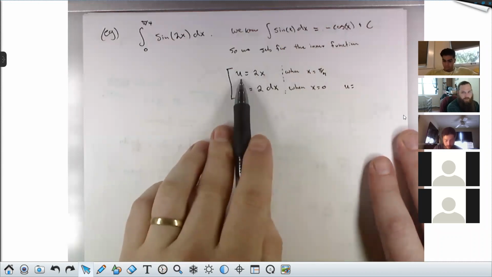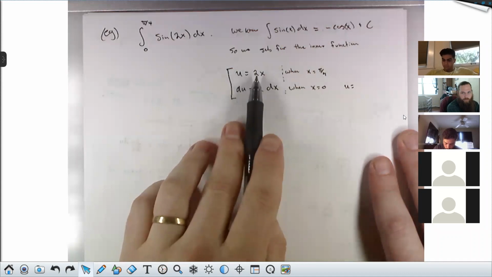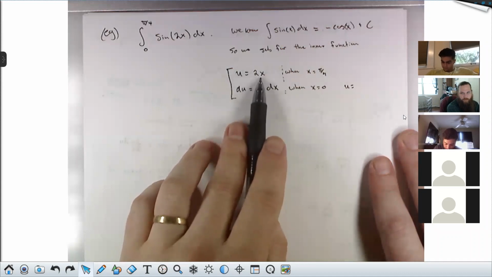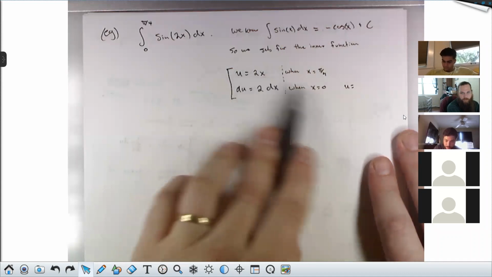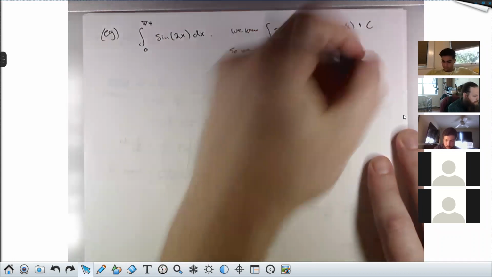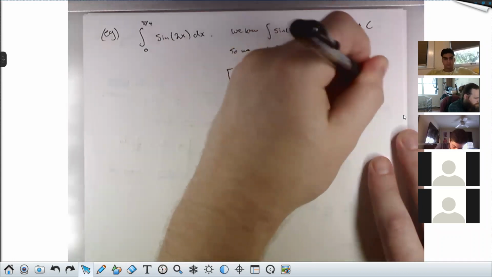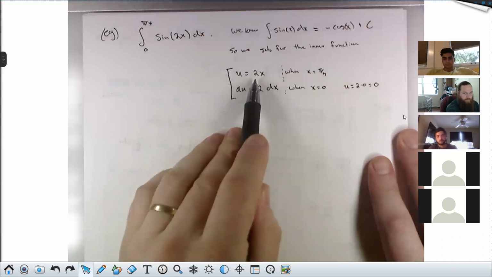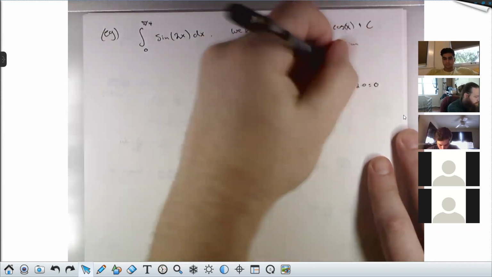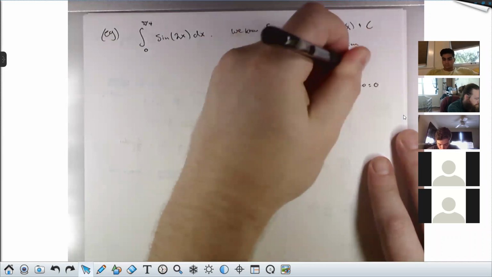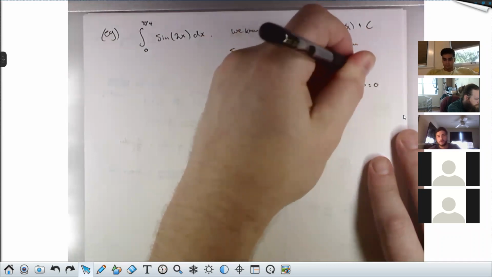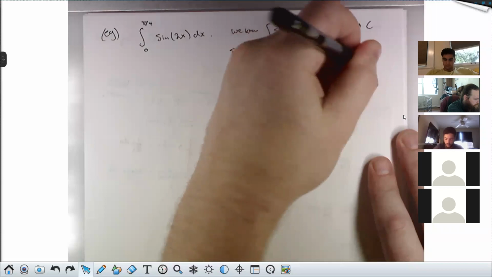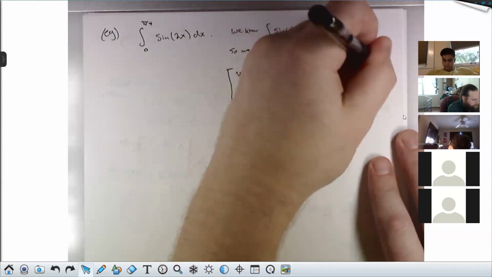This is the equation that tells you how u, the new variable, is related to x, the old variable. So when x is equal to 0, u is equal to 2 times 0, which is still 0. Just plugging in here. And when x is equal to pi over 4, u is equal to 2 times pi over 4, which is pi over 2.